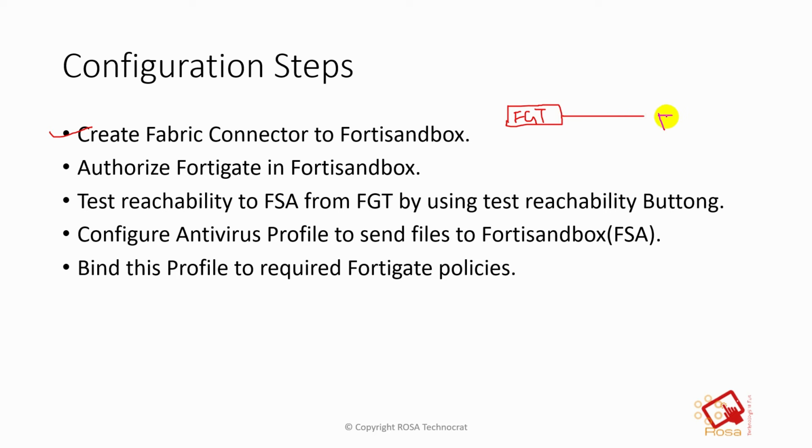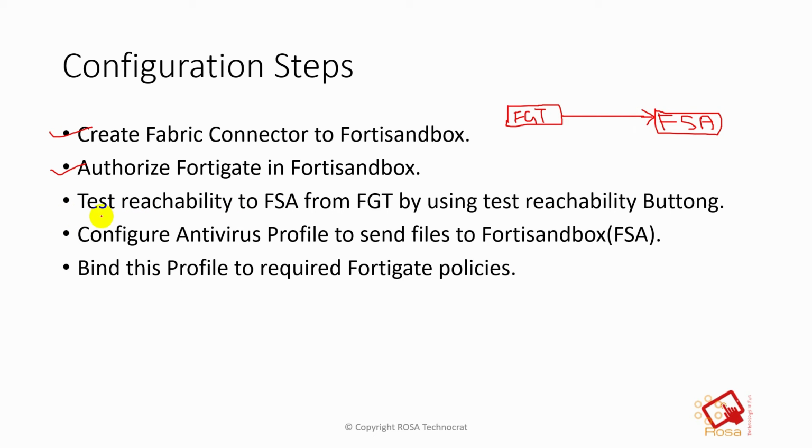FortiSandbox can be anywhere on a reachable network, in one of the directly connected interfaces, or anywhere on the network. Layer 3 reachability should be there between FortiGate and FortiSandbox. So we have to create a fabric connector to FortiSandbox, and then we have to authorize the FortiGate in FortiSandbox so that FortiGate can send, and FortiSandbox can accept the files for investigation.